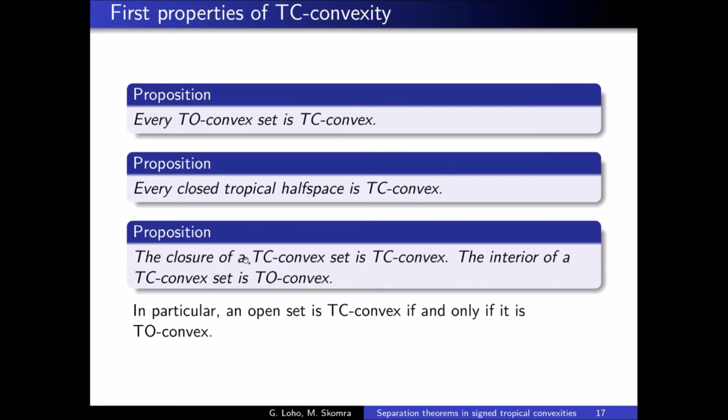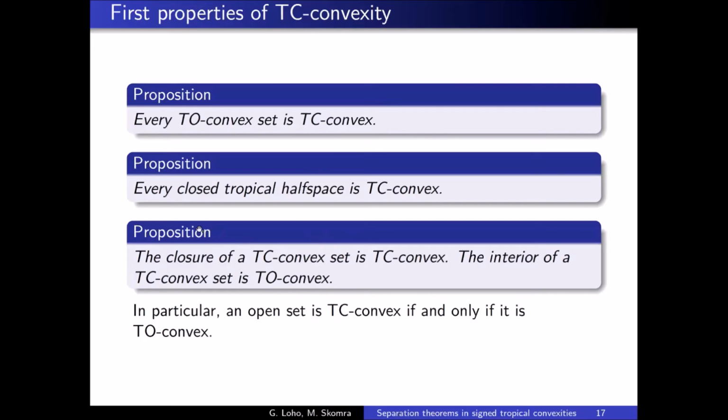And the third proposition is about the topological properties. If you have any TC-convex set and you close it, then the closure is also TC-convex. And interestingly, if you have a TC-convex set and you look at its interior, then the interior is already TO-convex. So it is stronger than TC-convex, right? This is exactly how the half spaces behave, as we have seen, but this is actually true for arbitrary TC-convex sets.